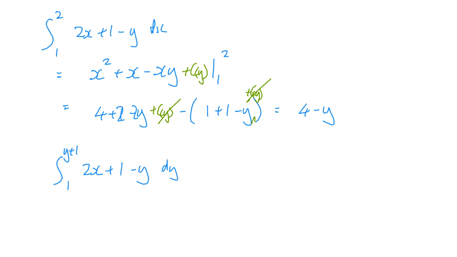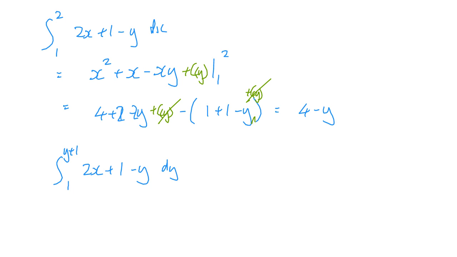Because remember, back in Calc 1, the limits represent where your variable starts and where your variable ends. Well, that means that your x can't start at x because that's conflating. You're trying to use the letter for two different things there. But now we're working in the plane and working with multivariable calculus. X can start at 1 and finish at y plus 1. That's completely okay.